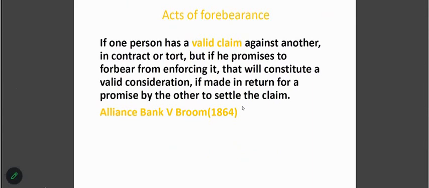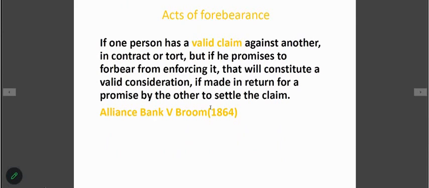Forbearance is where one person has a valid claim against another in contract or tort, but promises to forbear from enforcing it. That will constitute valid consideration if made in return for a promise by the other to settle. That means to say, whatever we agree upon, maybe coming to the end of payment, I don't pay you.